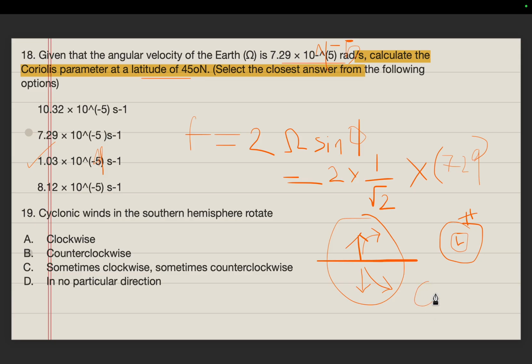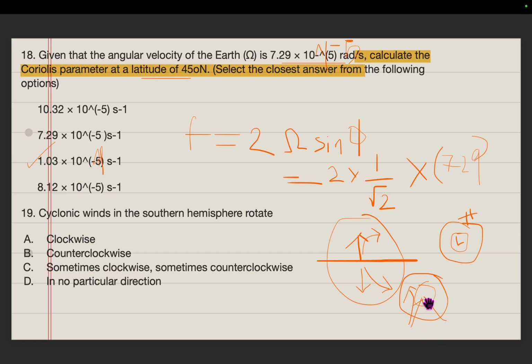Therefore, for the southern hemisphere, if the air travels in this direction, then it will move leftward.